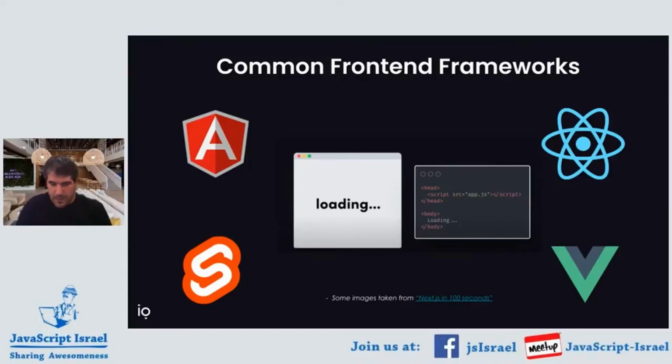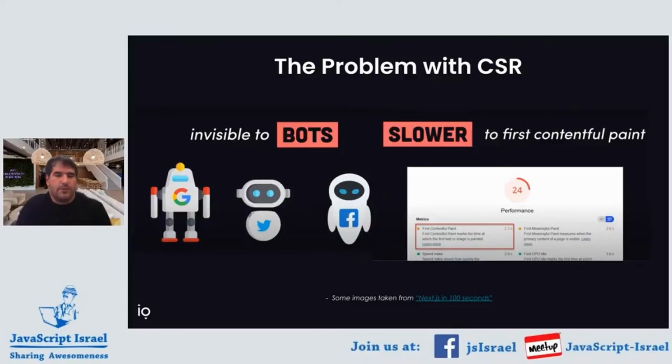And that is a big issue from both the sales standpoint and, of course, the user experience standpoint. The problem with client-side rendering today is mostly that we're invisible to bots. Once any type of SEO bot tries to scan our websites, it probably won't be able to do so, because most of them don't employ JavaScript.